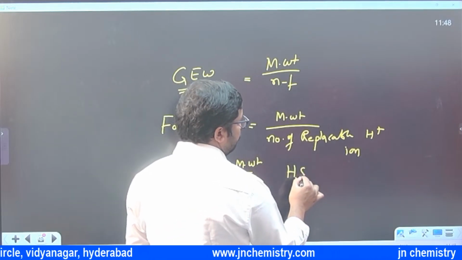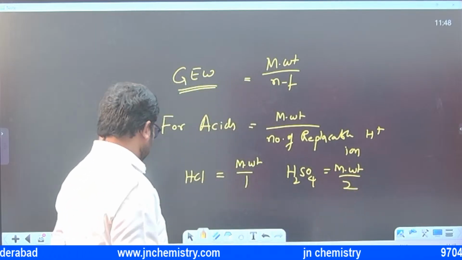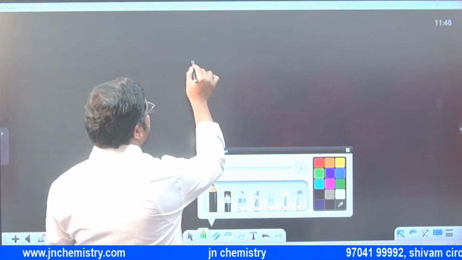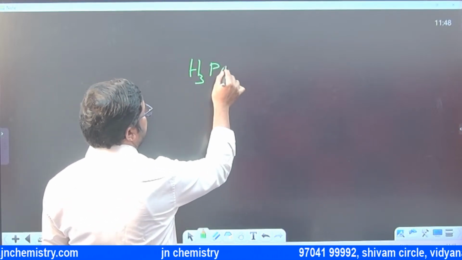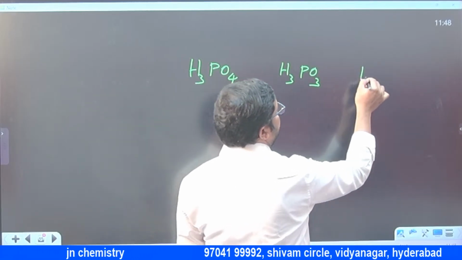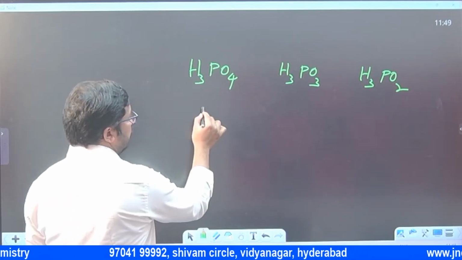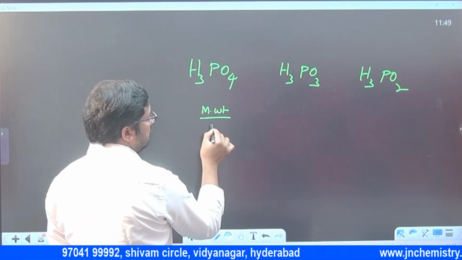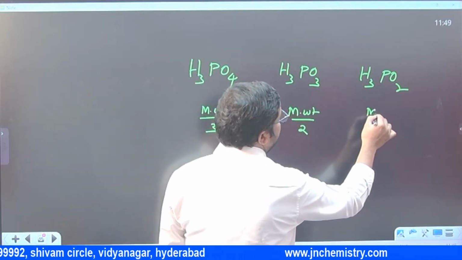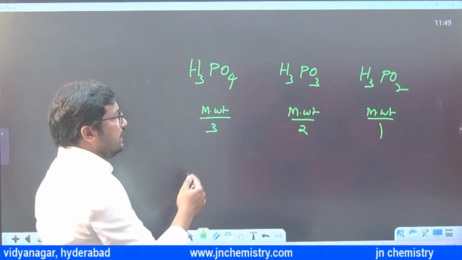H2SO4: molecular weight by 2. This is important. H3PO4, H3PO3, H3PO2. H3PO4 molecular weight by 3, here molecular weight by 2, here molecular weight by 1. So why is it 2 here and 1 here?